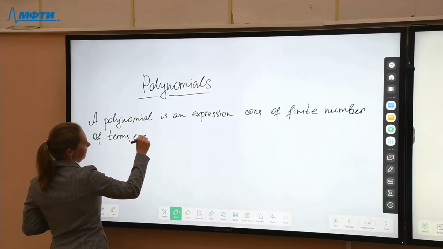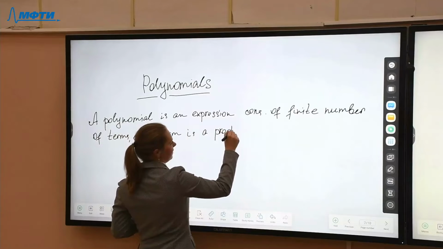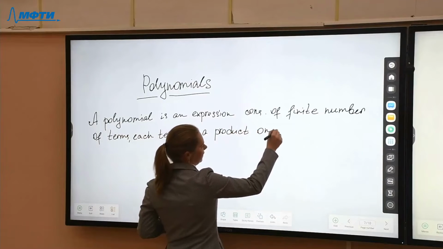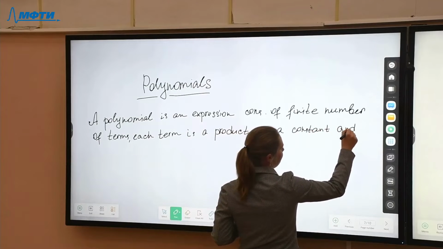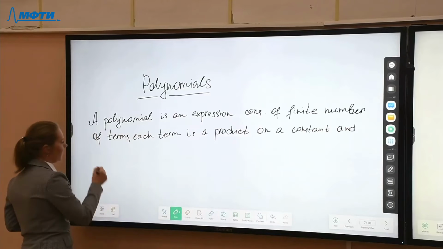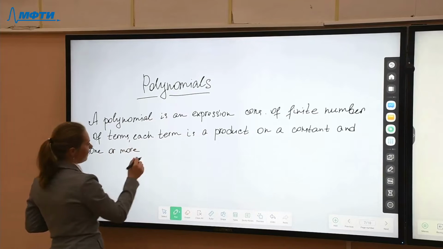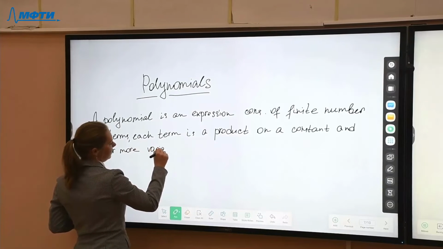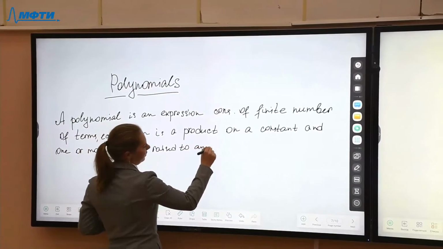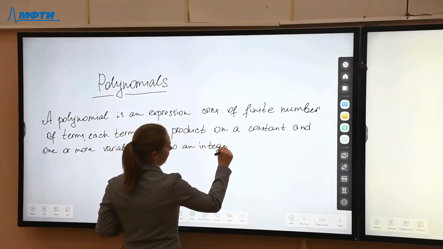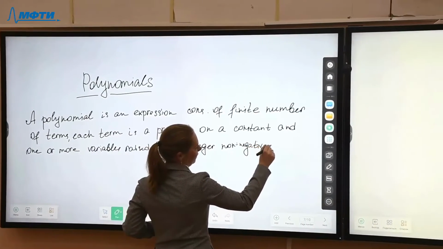And each term is a product of a constant and one, maybe more, variables raised to an integer non-negative power.